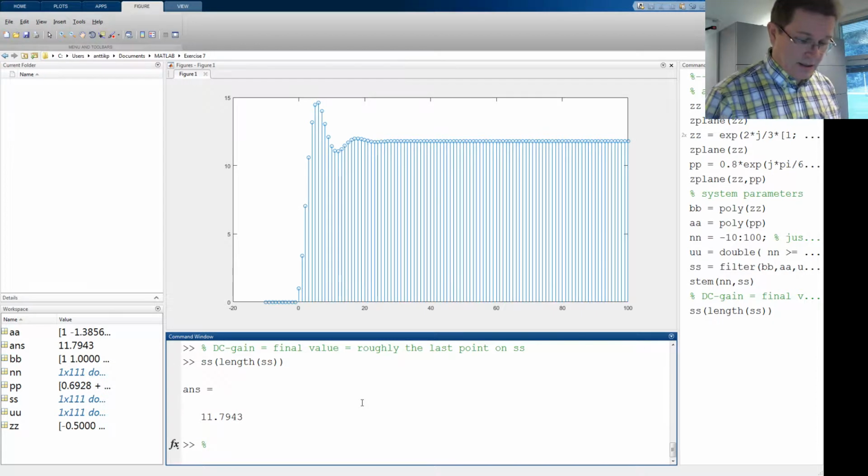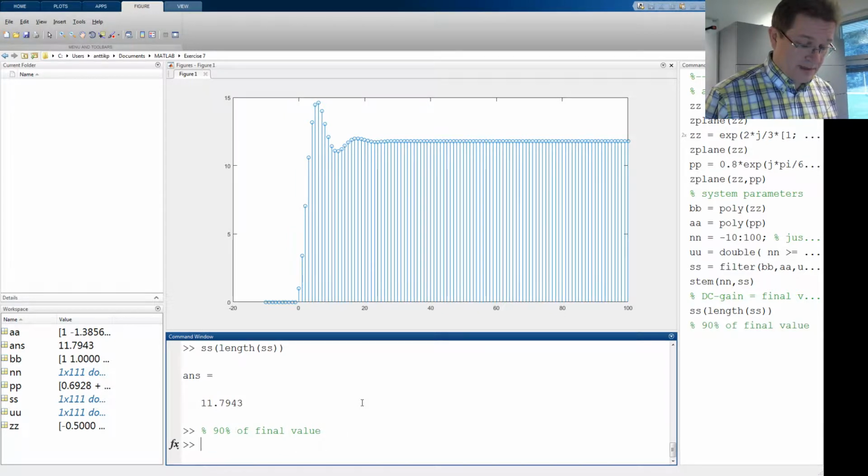All right, so 90% of final value is, let's see, V90. No, that sounds Volvo. L90. L 90% basically it's the same as the, well, let's see.